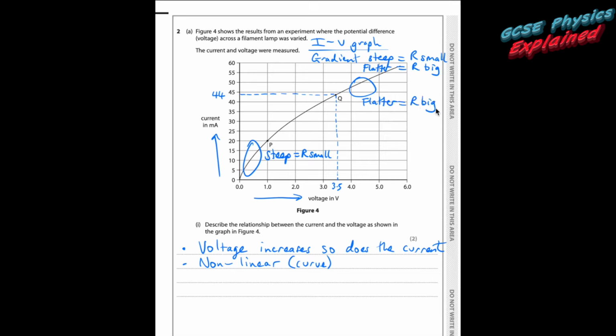So basically the resistance is increasing, and the reason is because bulbs get hot, and that means there's going to be more collisions between the current trying to go down through the wire and the ions that make up the wire. So let me show you how to write that.